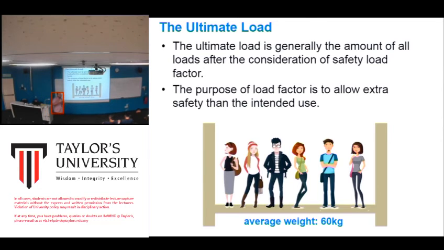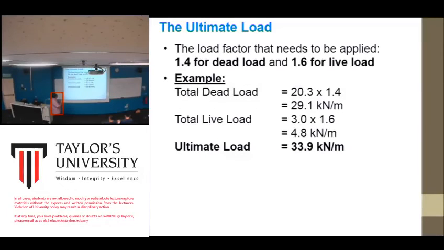When they calculate, let's say the load based on the calculation is maybe 100 kilonewton. They need to multiply by the factors. For dead load it is 1.4, and for live load it is 1.6, to make the size of the slab bigger, to make sure that these beams or slabs are really strong enough to withstand the dead load and live load.